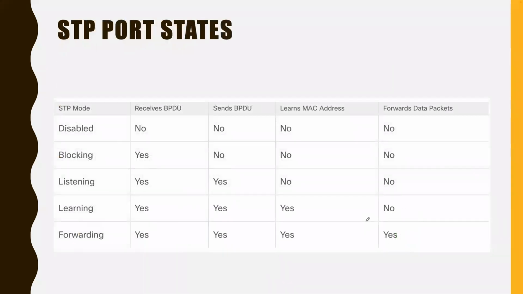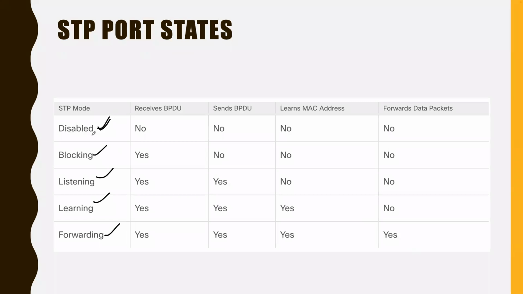Okay, these are the port states: disabled, blocking, listening, learning, and forwarding. These are the 5 port states within STP. Disabled is the initial stage when we have not enabled our port.